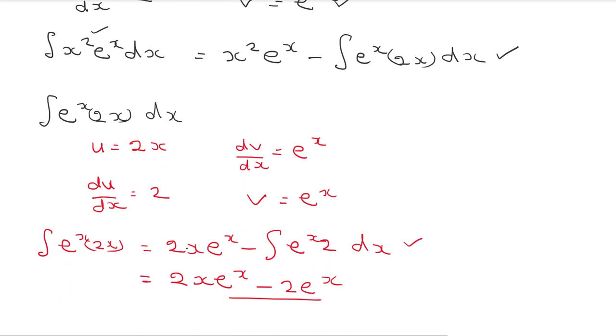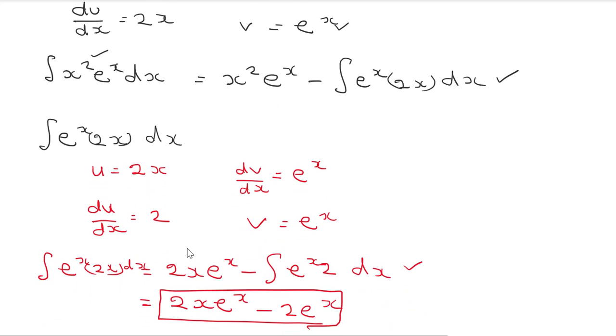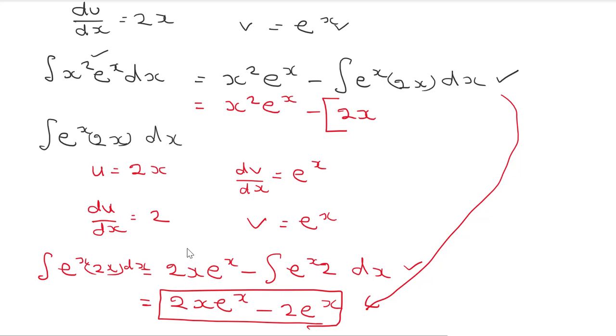Now I have the integral of e raised to the x times 2x dx, so I am going to substitute it in our original equation. Going back to here, the integral of x squared e raised to the x dx is equal to x squared e raised to the x minus, this here is linked to here, so it's 2x e raised to the x minus 2 e raised to the x, and of course plus my c.